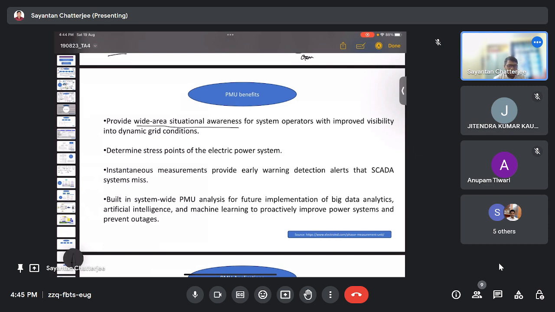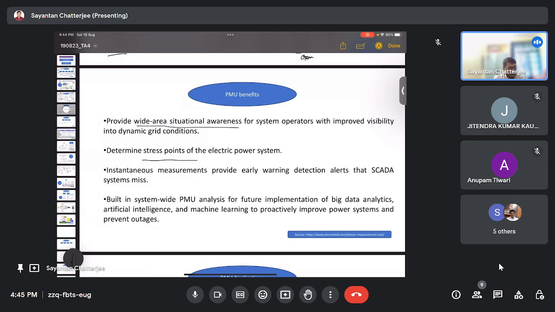The visibility of the entire operation would be improved, and from the operator's perspective they would have granular data, based on which they can have an image of the exact operating conditions of the system and determine the stress points, such as whether lines are overloaded or their limits are violated.